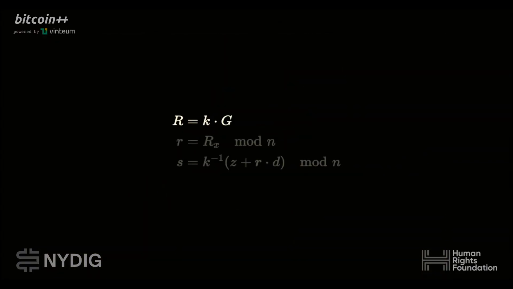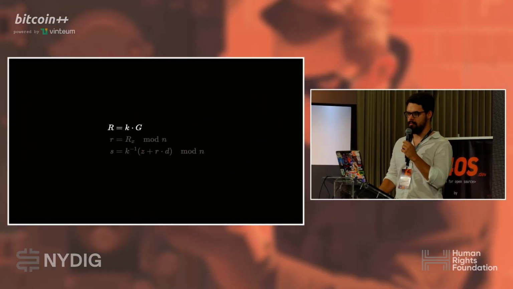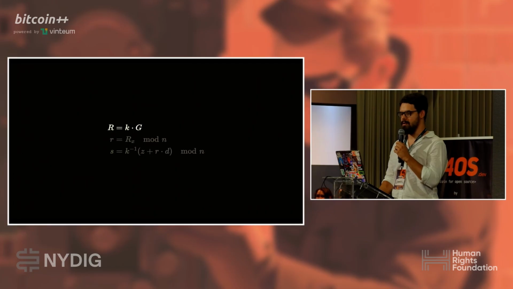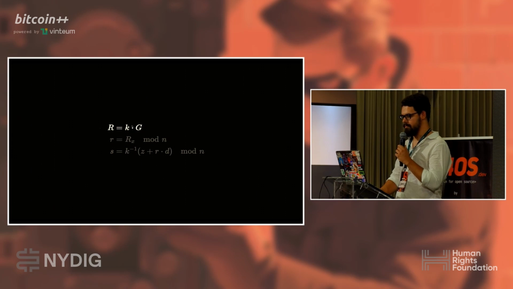Basically, I'm going to break down the ECDSA signature formula here. We first take a nonce, and the little k here is the private nonce, which times the generator point of the curve gives us a point on the curve, which is the public nonce.